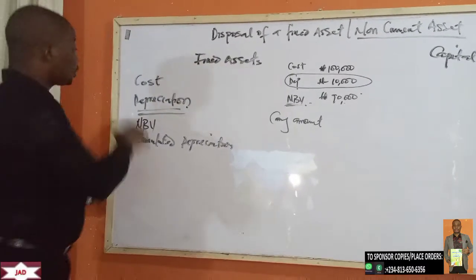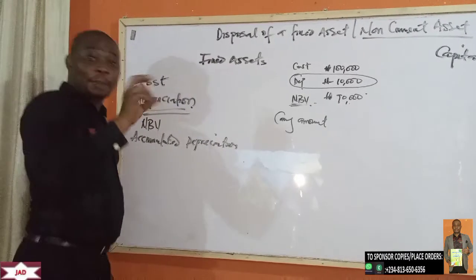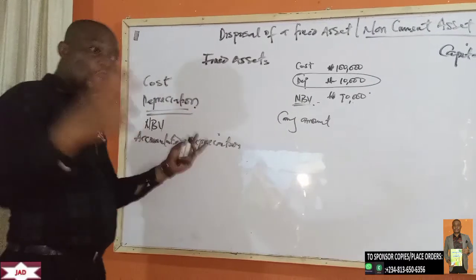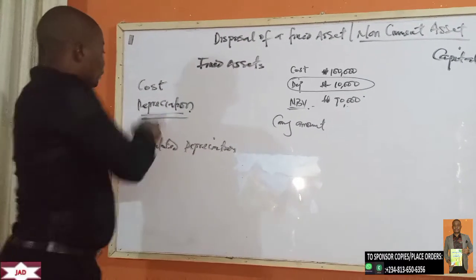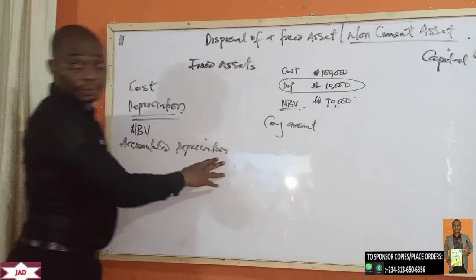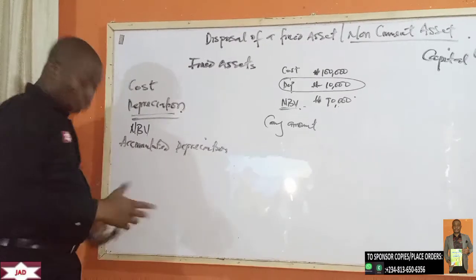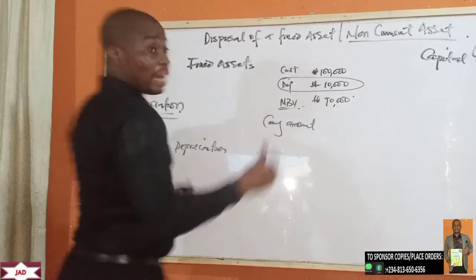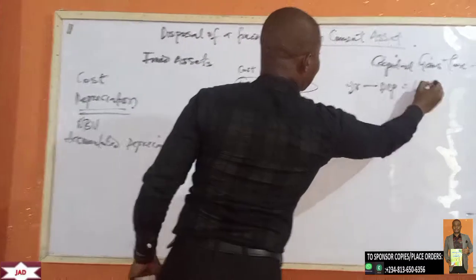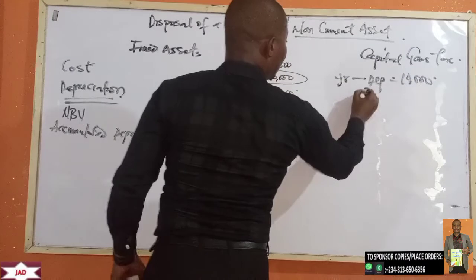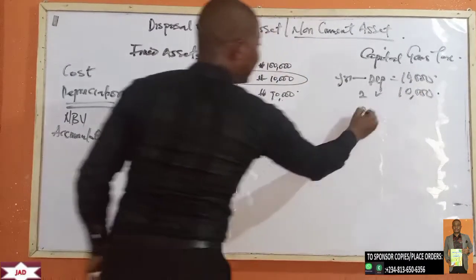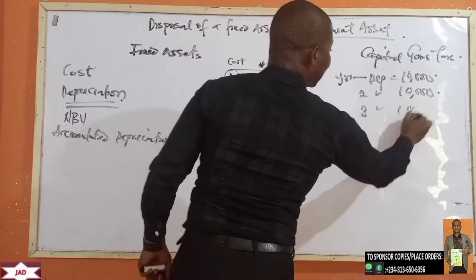Depreciation is a charge for a particular period. But when you sum up the charge of depreciation over a particular period, you call it accumulated depreciation. So if you have, let's say, 3 years: year 1 depreciation charge, let's say 10,000; year 2 depreciation charge, another 10,000; year 3, another 10,000.